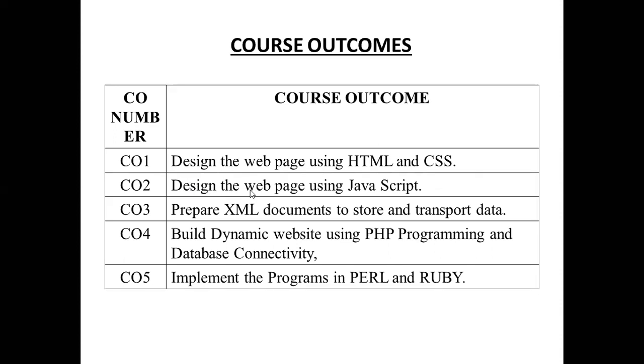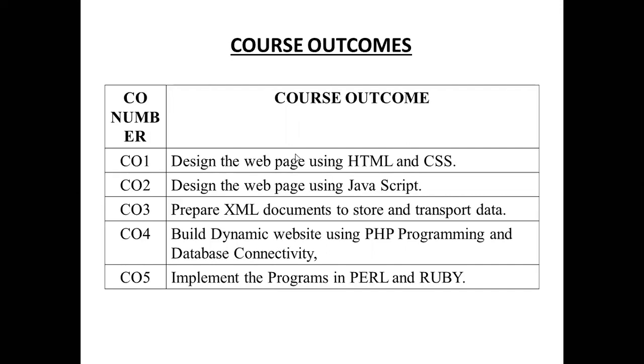That is unit 2. CO3, we have to prepare XML documents to store and transport data. CO4, we have to build a dynamic website using PHP programming and database connectivity. CO5, we have to implement programs in Perl and Ruby.